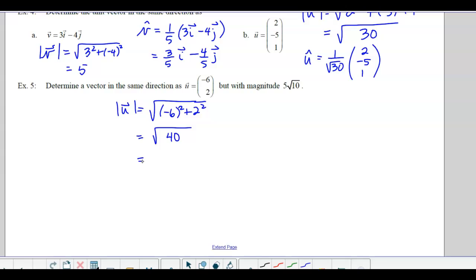Okay, and you can simplify that. So 2 root 10, and we want it to have magnitude of 5 root 10. So our factor that we want to multiply that, I'll call it k, is really 5 root 10 over 2 root 10.